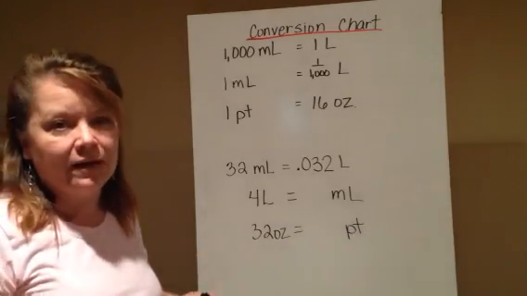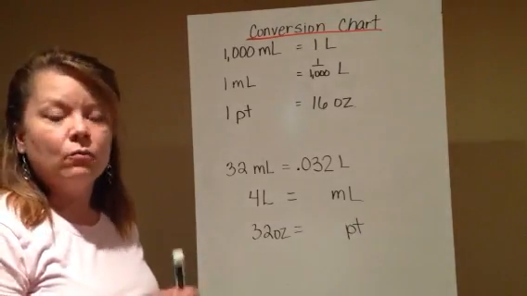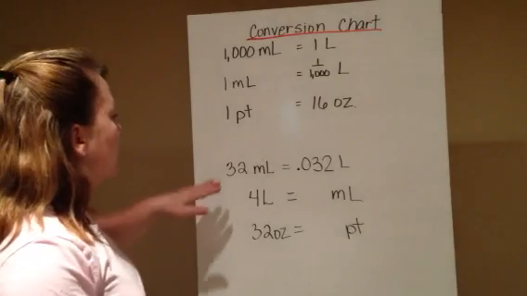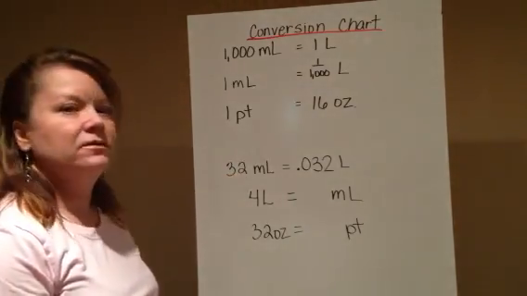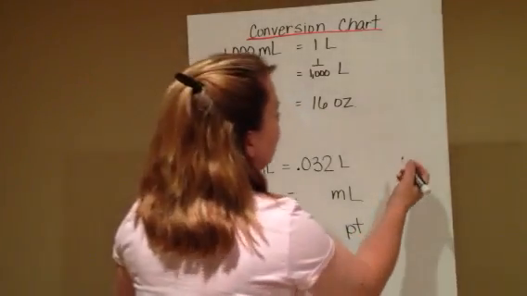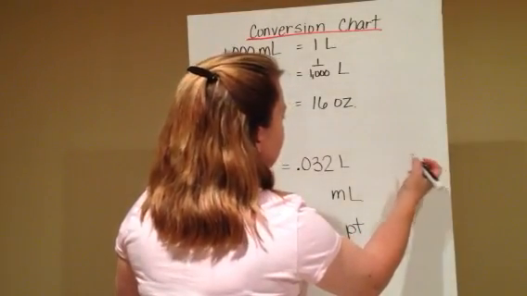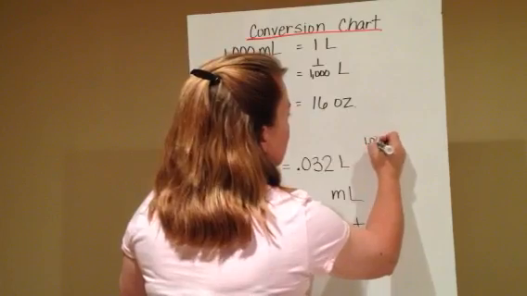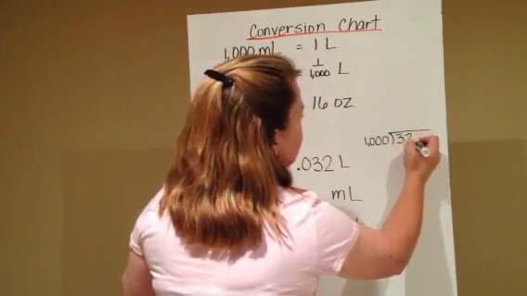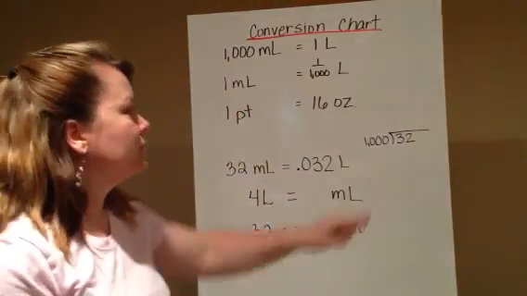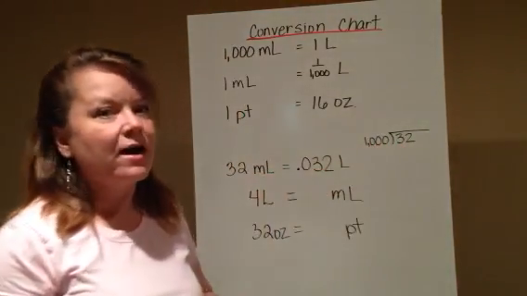And if I'm dividing, I'm moving this decimal point 3 places to the left. Now, some of you might get that, some of you might not. Don't worry about it if you don't get it. Just remember that you're dividing by 1,000. So basically, when you set that problem up, it would look like this, okay? Because it's 32 divided by 1,000.